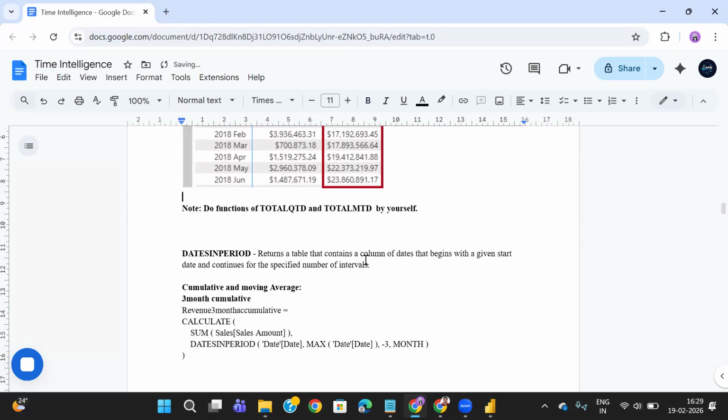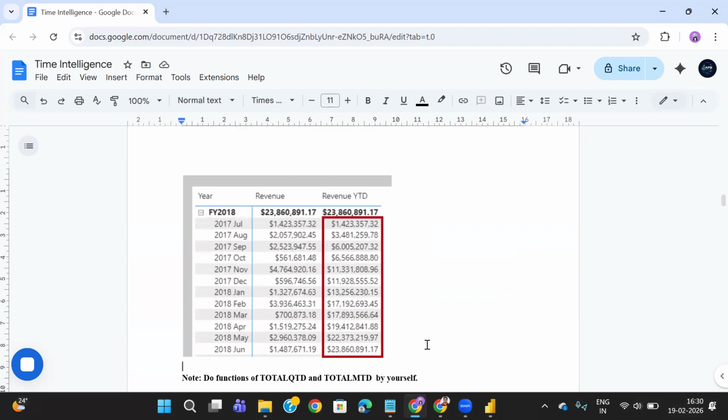Now let's talk about another very important concept in time intelligence functions. This is cumulative, or moving average. Cumulative and moving average.